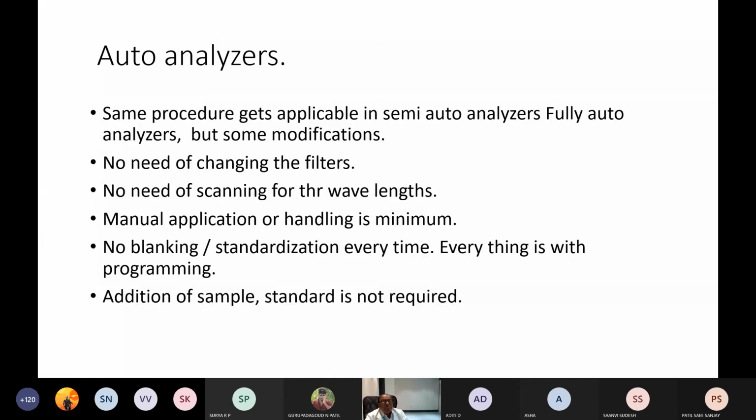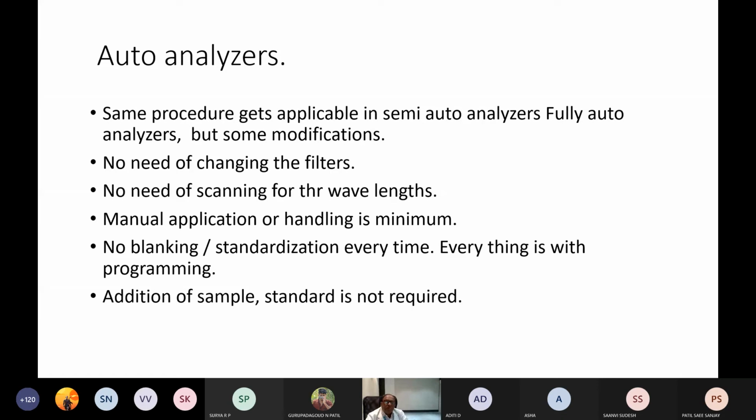There is no need of changing the filter. Suppose you have done glucose estimation and next you want to do bilirubin or calcium, then you would have to change the filter in a manual instrument. There is no need here. The filters are already there, fixed. You only have to select it by making the program. No need of scanning for the wavelengths.